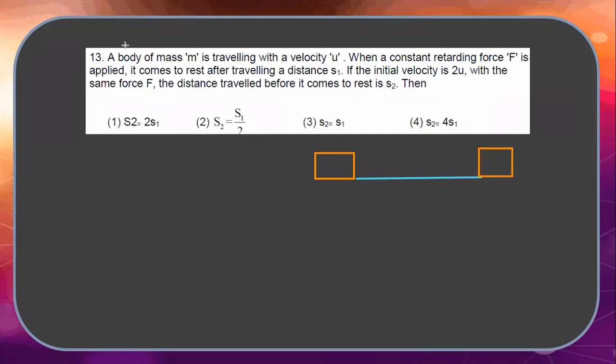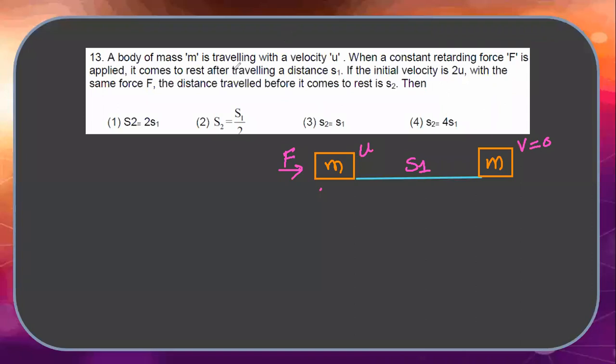When the force F is applied on the body of mass m, it covers a distance s1, and the initial velocity is taken as u and the final velocity is taken as 0. This is the first case.